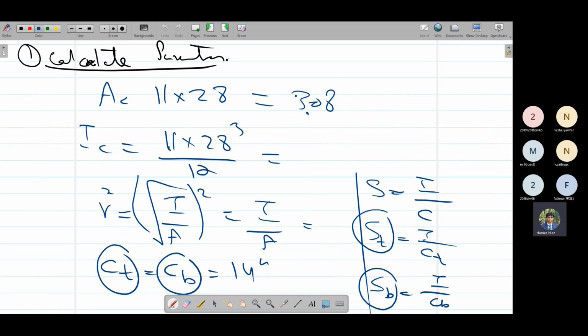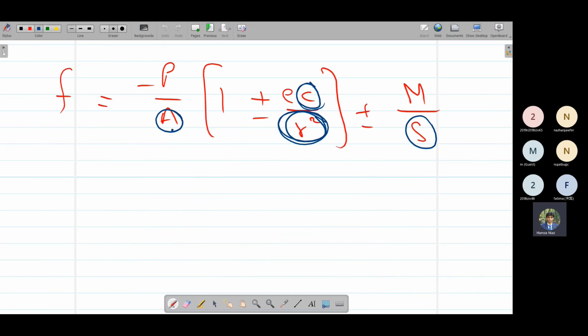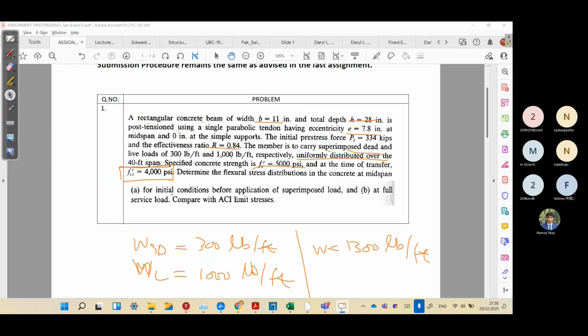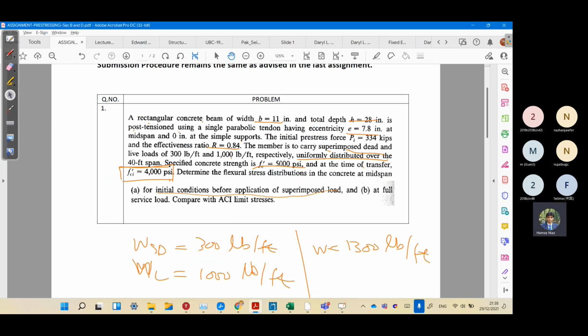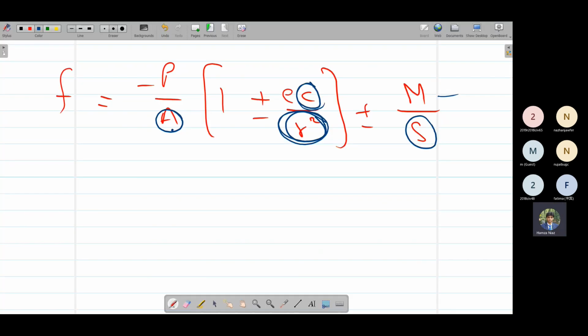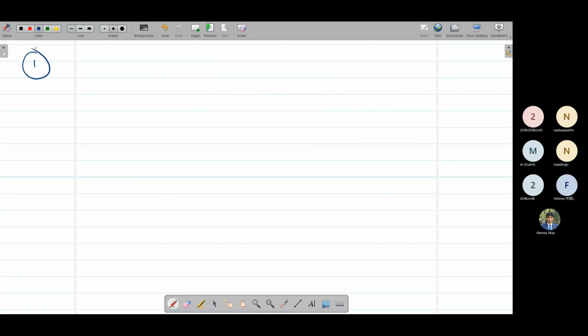Okay, so these values we have calculated. The last thing left is moment. The first case is for the initial condition, before application of load. We have to calculate the stress distribution before load application, before the superimposed load.